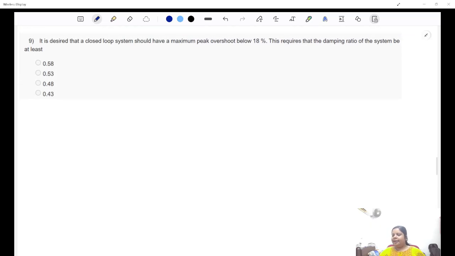It is desired that a closed loop system should have a maximum peak overshoot below 18%. This requires that the damping ratio of the system be at least what? Who remembers the formula for maximum peak overshoot?